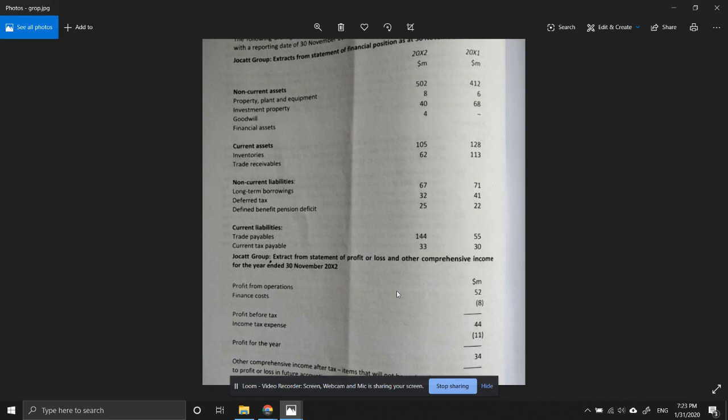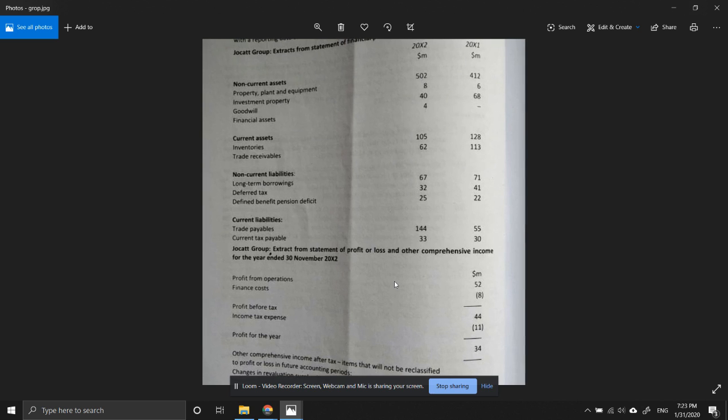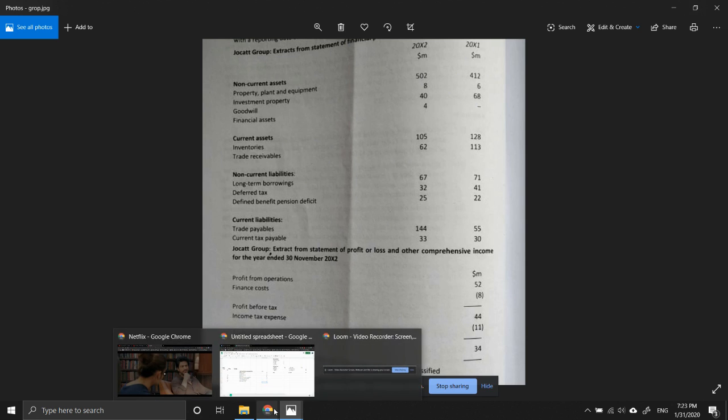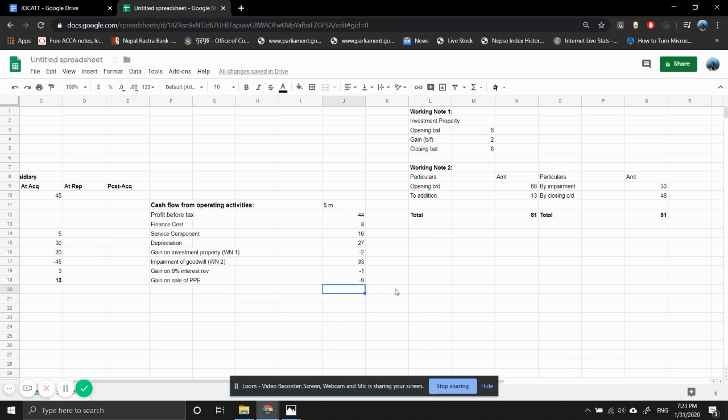How much did we pay? So pension benefit. So we need to create a reconciliation. Okay, let's do that. Working note 3.